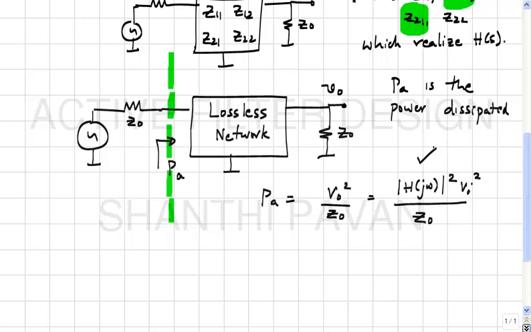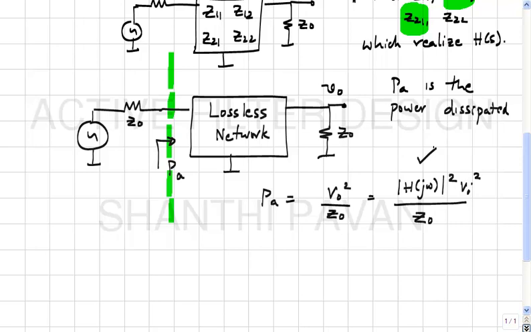Now, exploiting the fact that the ladder is a lossless network, we observe that all the power being dissipated at port 1 of the network must be getting dissipated in the lone resistor in the network towards the right.